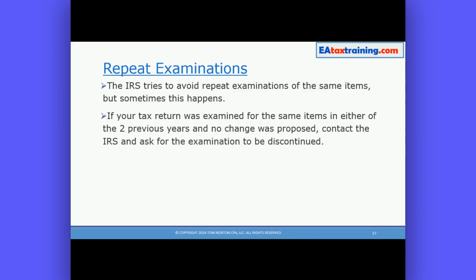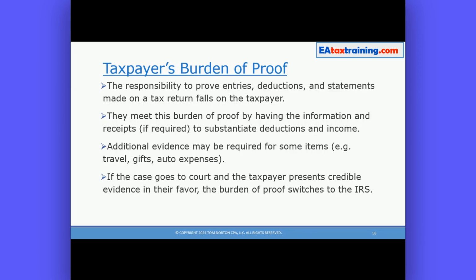The IRS finds that everything is fine, but then it triggers another audit because the next year they've got large medical expenses again because of this ongoing medical problem. That might trigger another audit. So that's a case where you could go to the IRS and say, hey, you already looked at this, and they may very well then say, okay, we will not audit you again on that issue right now.